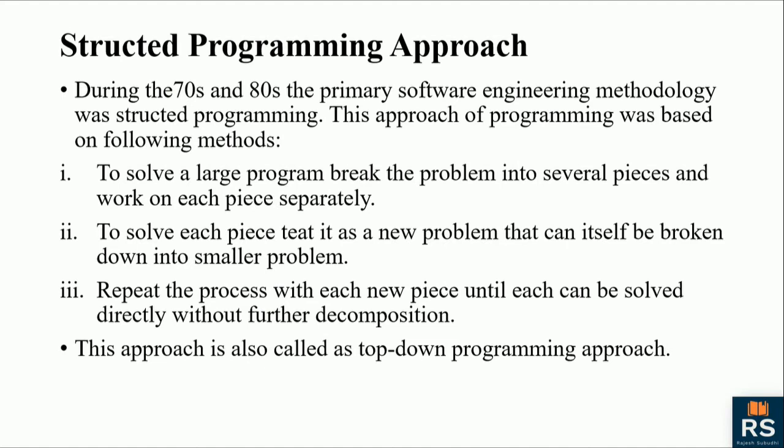Method 2, to solve each piece, treat it as a new problem, which can be broken further down into smaller problems. And the third method is to repeat the process with each new piece until it can be solved directly, without further decomposition. So this process is also known as the top-down programming approach.